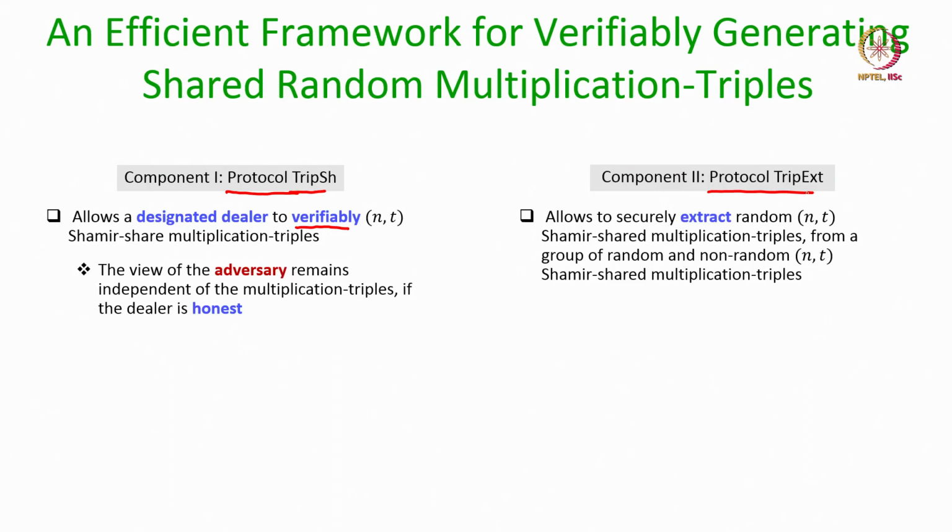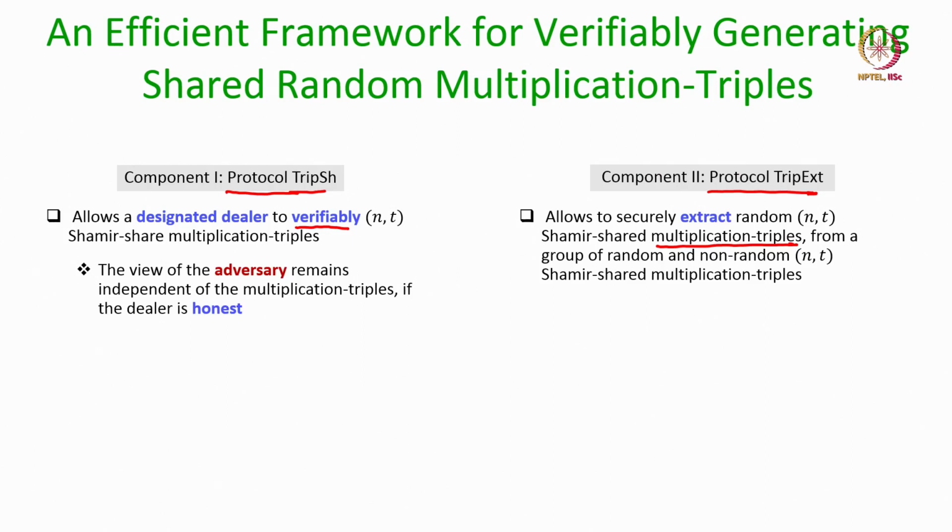And the second protocol is the triple extraction protocol, which takes a bunch of random and non-random secret shared multiplication triplets. Namely, there will be a set of multiplication triplets, each of which is secret shared. Some of these multiplication triplets will be known to the adversary, some of the multiplication triplets will be random from the viewpoint of the adversary.